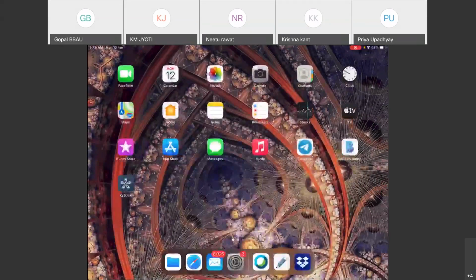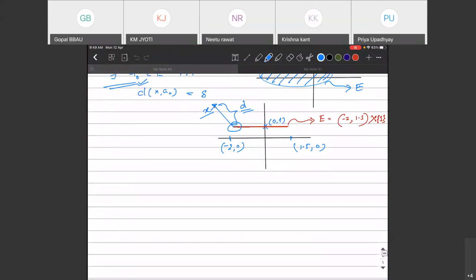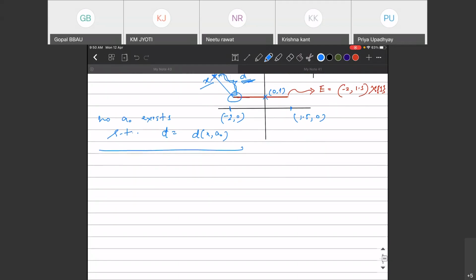So this is the distance, but there does not exist any point A naught in E such that D equals the distance between X and A naught. So no A naught exists in this case.